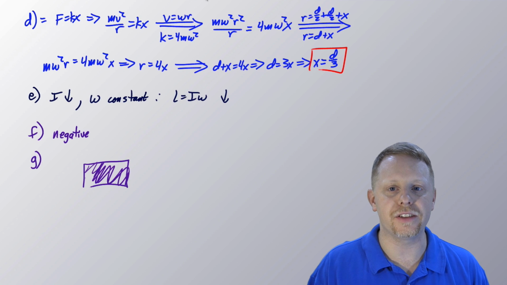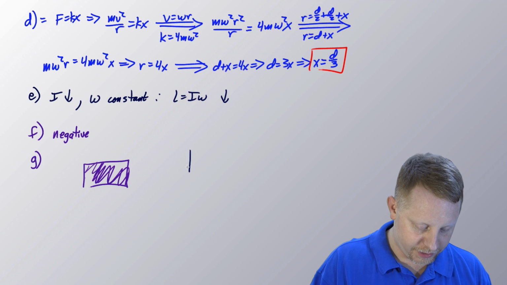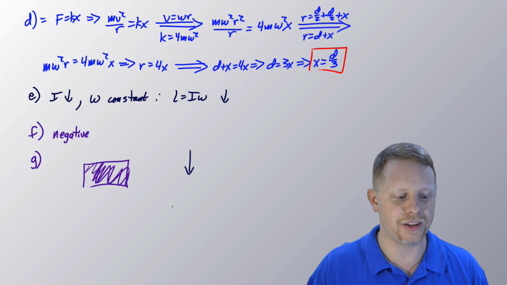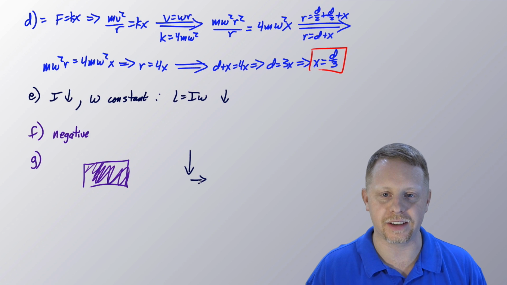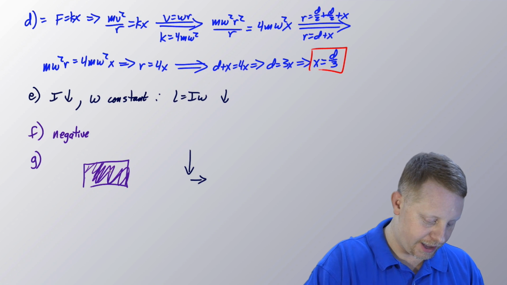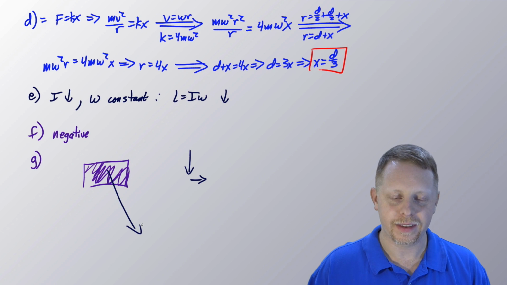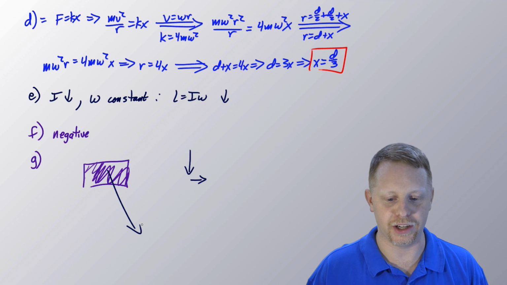Well, because it's moving in circular motion, there must be an acceleration toward the center of the circle. So there's a centripetal acceleration toward the center of the circle at that point. But we also know that it's slowing down. It's losing velocity, so there must be a tangential acceleration that way.